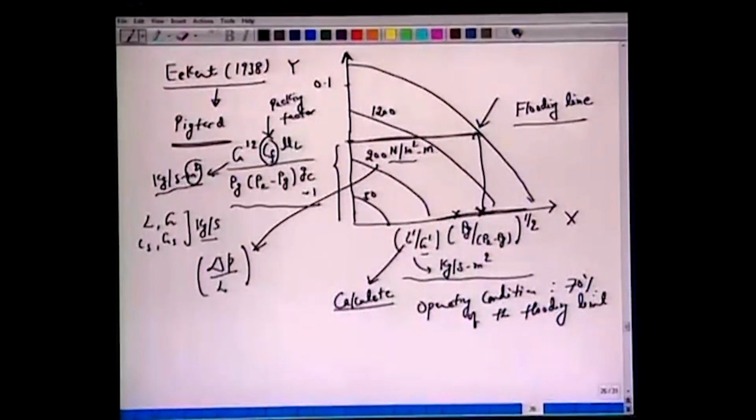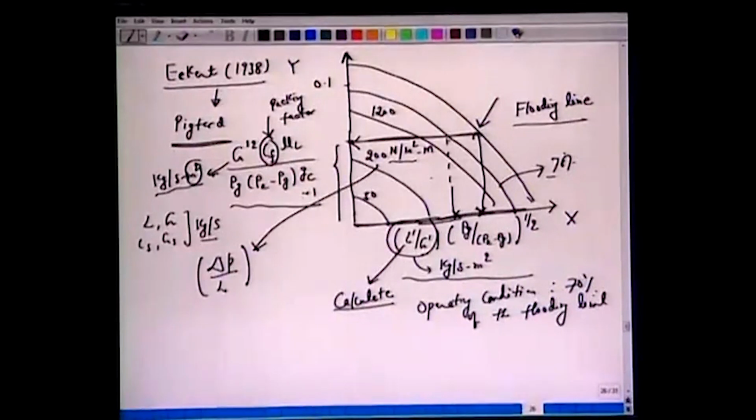So we are talking about this limit here. Now if we work on say 70% of this line, then one can calculate L prime and G prime. One can calculate this y axis here to work on this. So that's one thing.